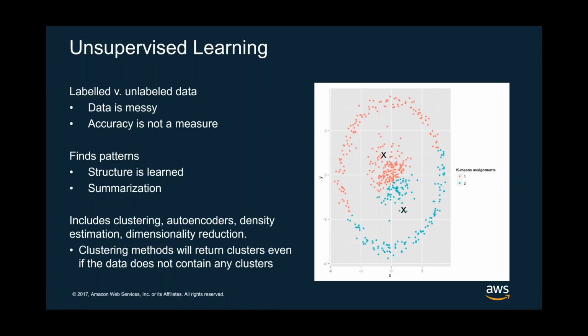All right, so when we're doing clustering, we can certainly include a couple of methods for doing clustering, including autoencoders, density estimation, and dimensionality reduction. So there are a number of ways to do clustering.